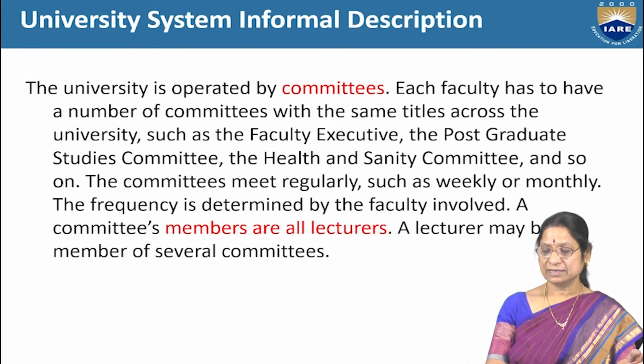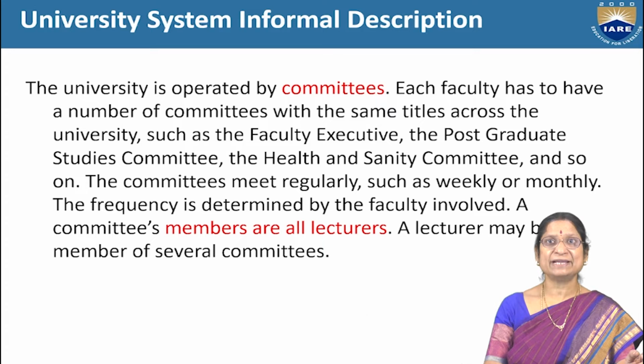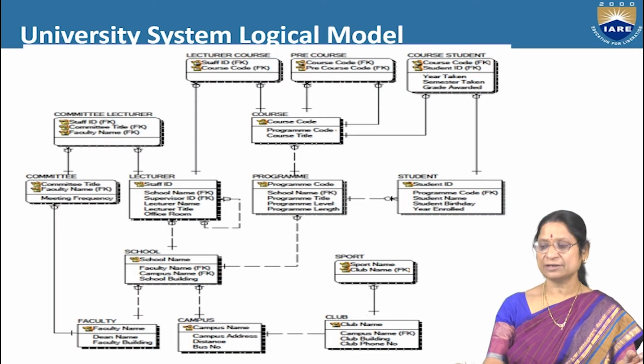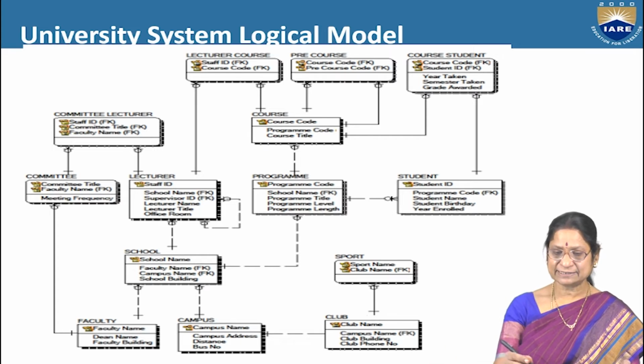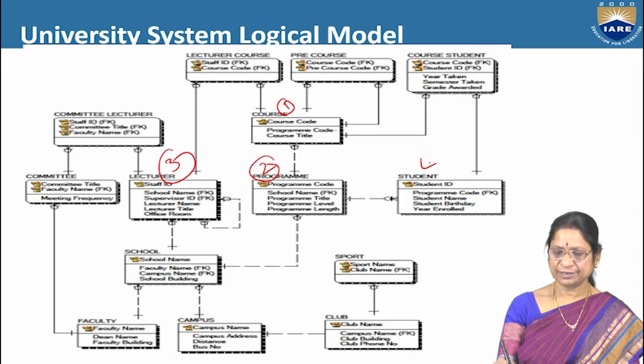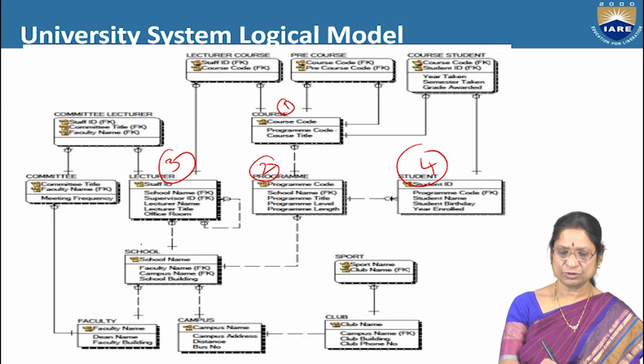So various relations, or various entity sets, we identified, you observe here. The base entity sets are course, related to the program, lecturer, student, school, faculty.